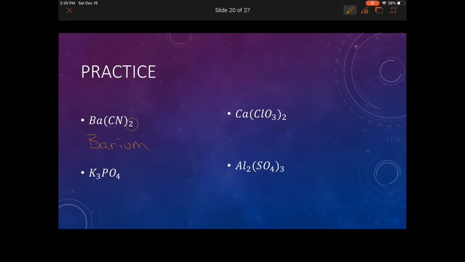So this CN has 2 atoms. So it needs to have a negative charge that multiplying it by 2 will give it a -2. And typically that is going to be a -1. So let's find CN-. And it looks like that's cyanide. So it's going to be barium cyanide.